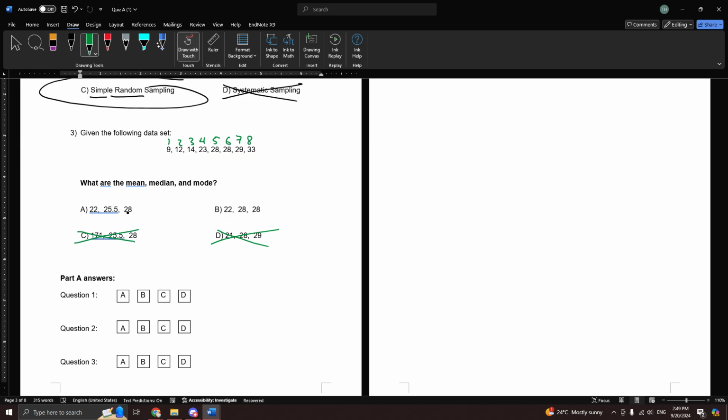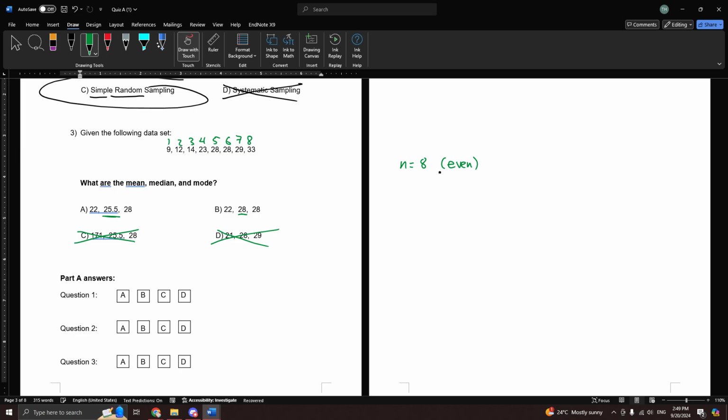We're left with these 2 options. So now we have to consider our median, because that's the only difference between these 2 options. So what do we do when we have to find the median? The first thing we should do is consider what n is. In this case, n is 8. We've got 8 numbers. This is an even number.